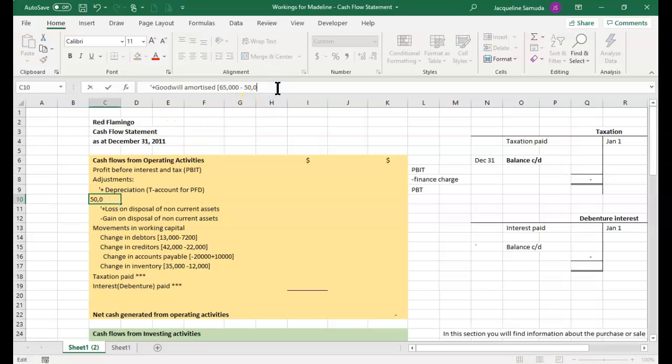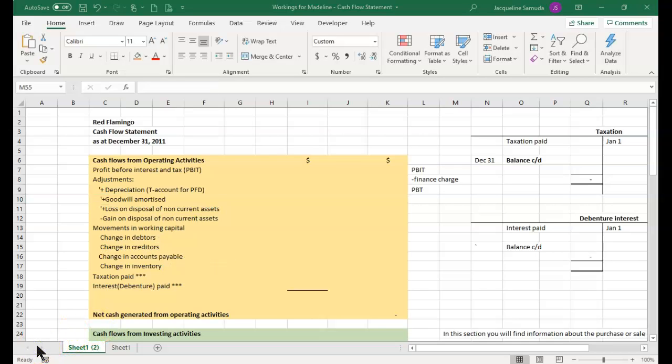So let me just do some more cleanup here. Great, so now that I have cleaned up the statement a bit, we can go into the discussion.